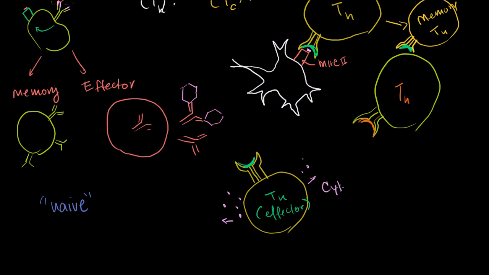Let me write that down. Cytokines. And there are many different types of cytokines, and I'm not going to go into detail on all of that. But what cytokines do is that they really raise the alarm. So if you have other activated lymphatic cells or other activated immunological cells, when the cytokines enter those cells, remember, cytokines are really just proteins, or polypeptides, it makes them get in gear.